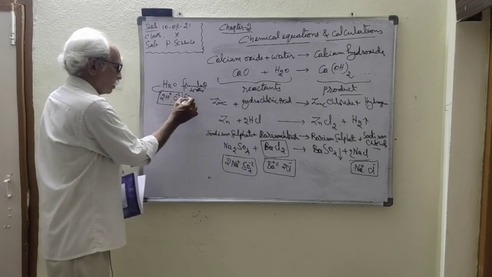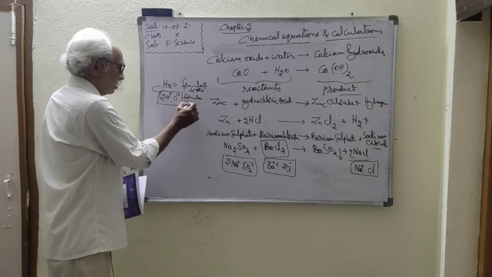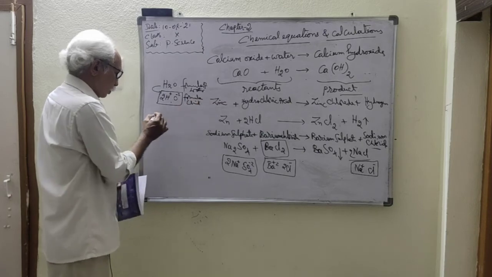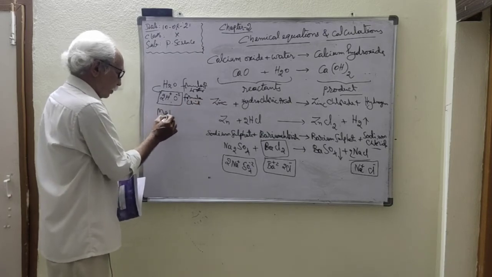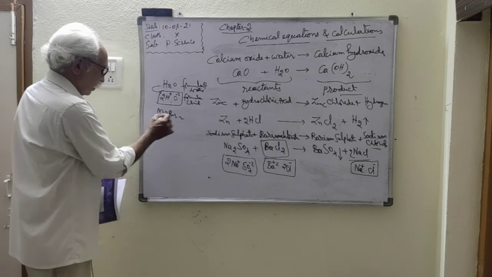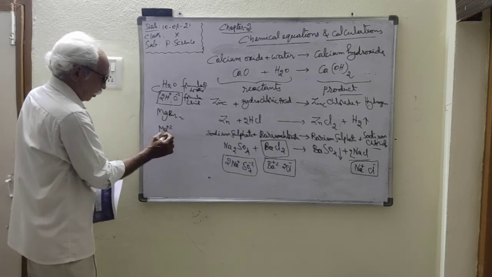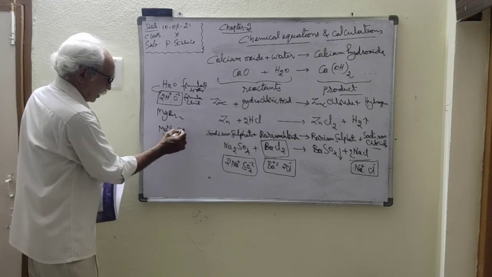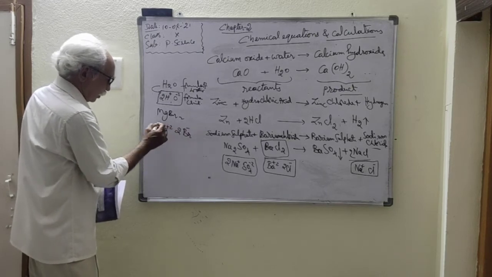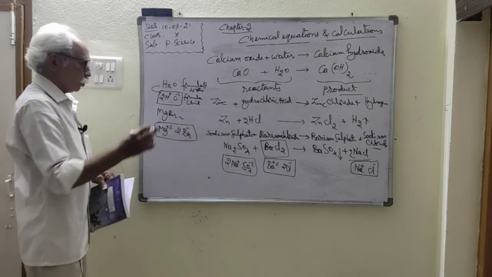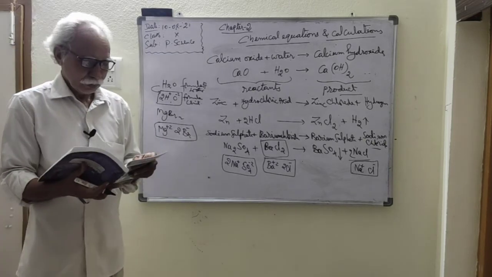Magnesium bromide, MgBr2: magnesium 2 plus ion and 2 bromide ions together is called one formula unit.